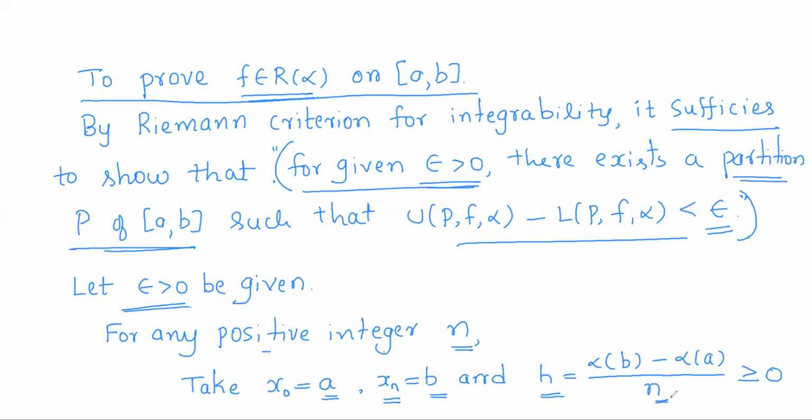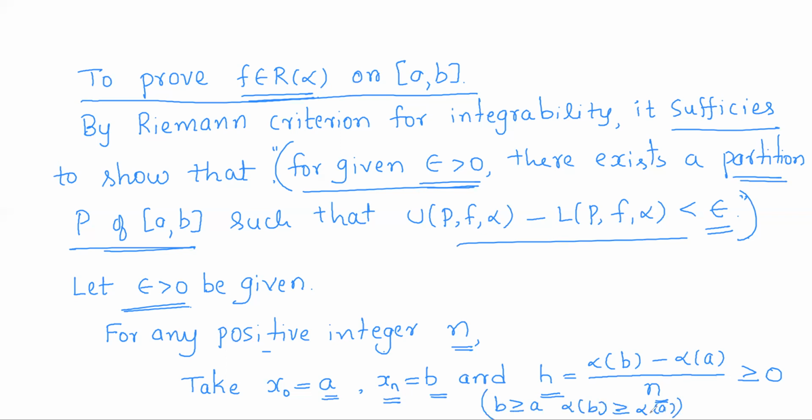Note that as b is greater than or equal to a, alpha of b will be greater than or equal to alpha of a, as alpha is monotonically increasing.